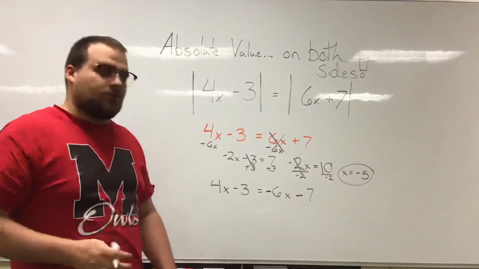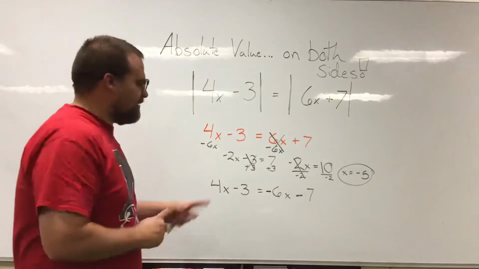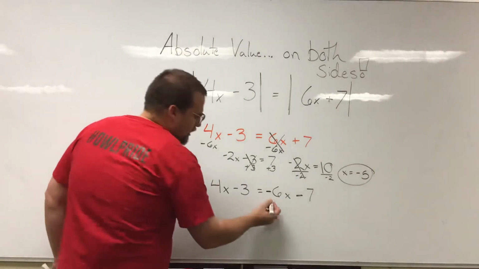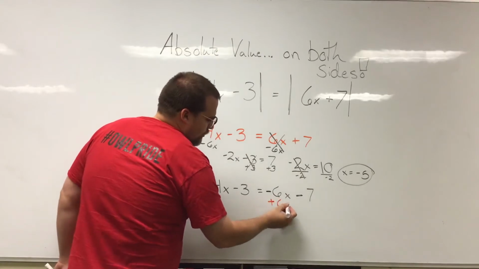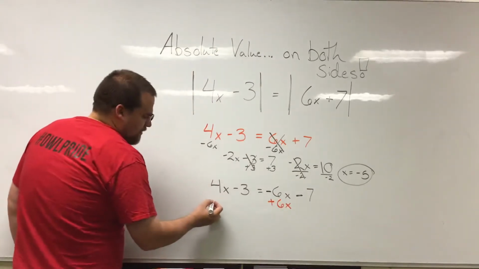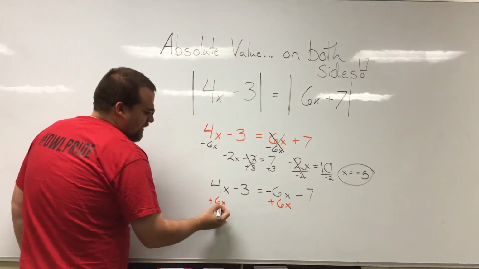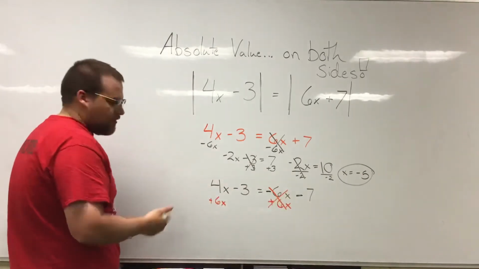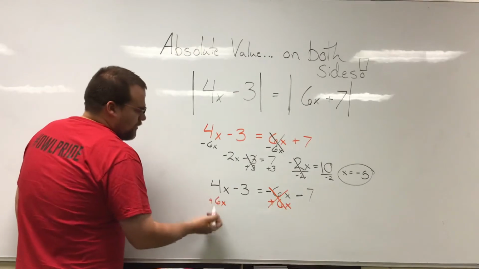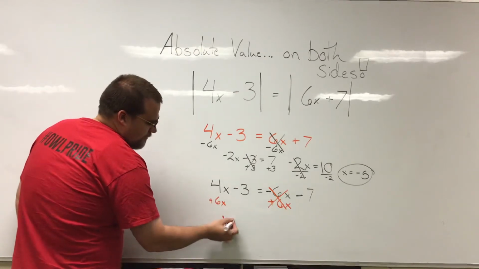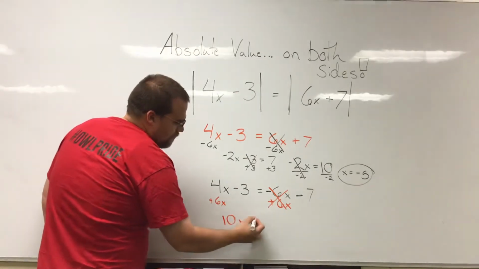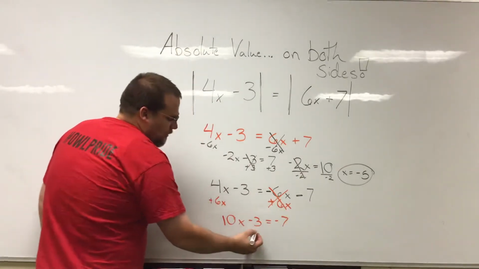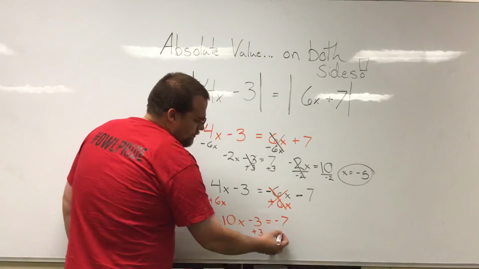That's our first solution. We're going to do the same thing to this second equation. Get our variables on one side. So again, I'll go ahead and move my 6 over here. This time I'm adding it since it's negative in this equation. So 4x plus 6x gets me 10x minus 3 equals negative 7. I will add 3 to both sides.